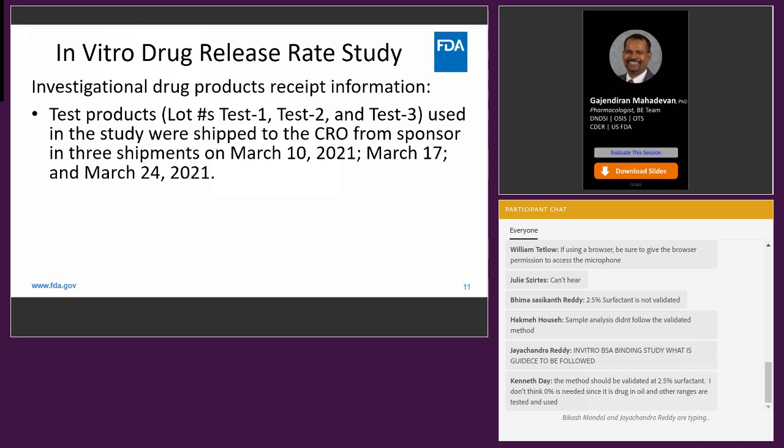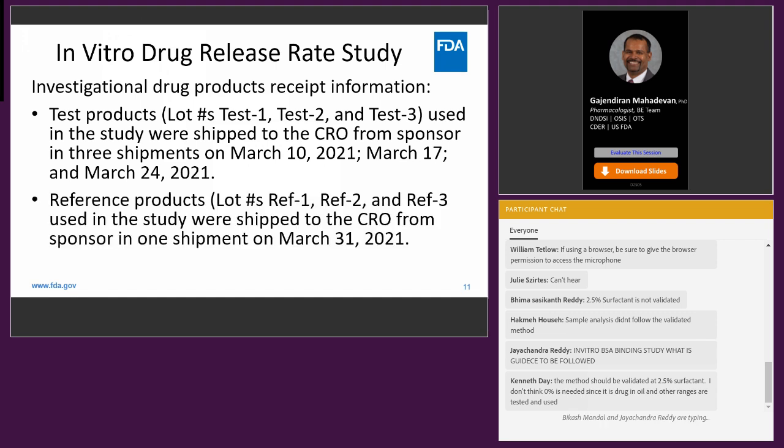The test product used in the study was shipped to the CRO from the sponsor in 3 shipments on March 10th, March 17th, and March 24th, 2021. The reference products used in the study were shipped to the CRO from the sponsor in 1 shipment on March 31st, 2021.